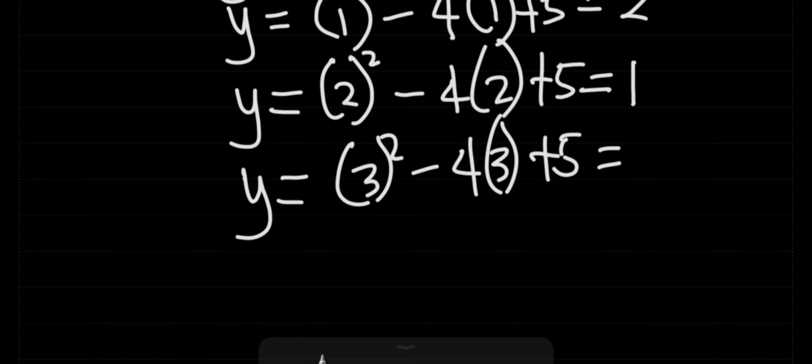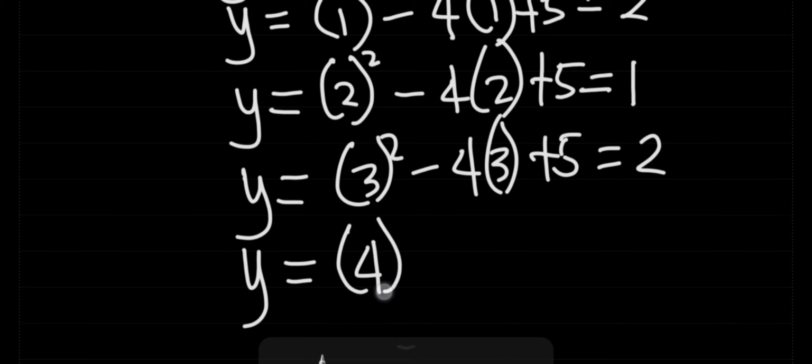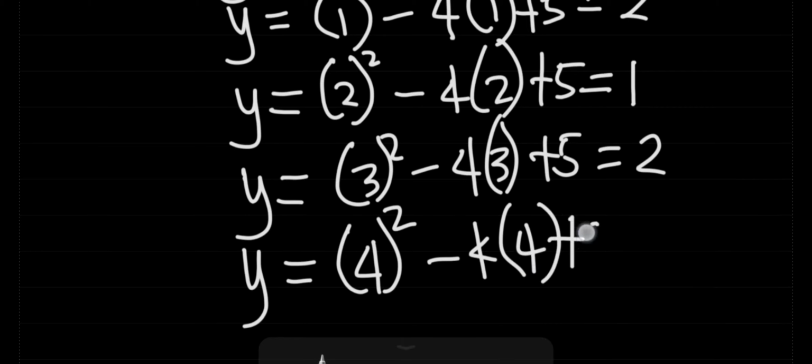This is equal to 2. And when we replace x with 4, this is 4 squared minus 4 times 4 plus 5, and this is equal to 5.